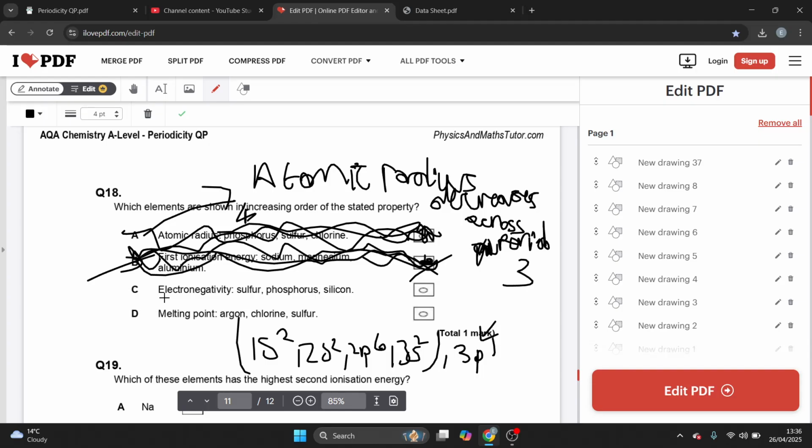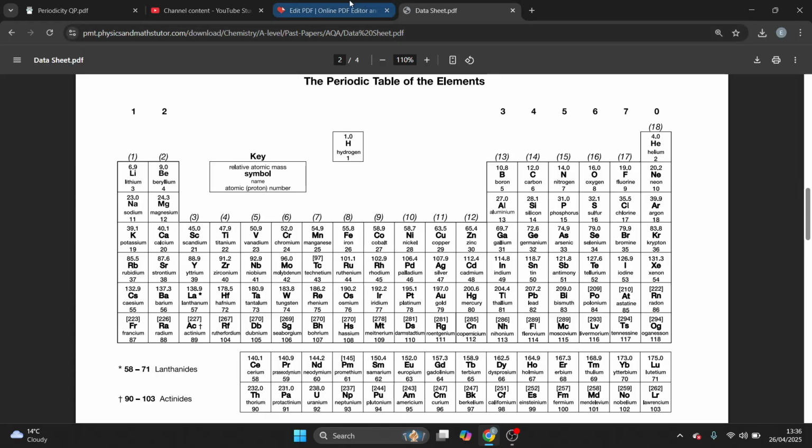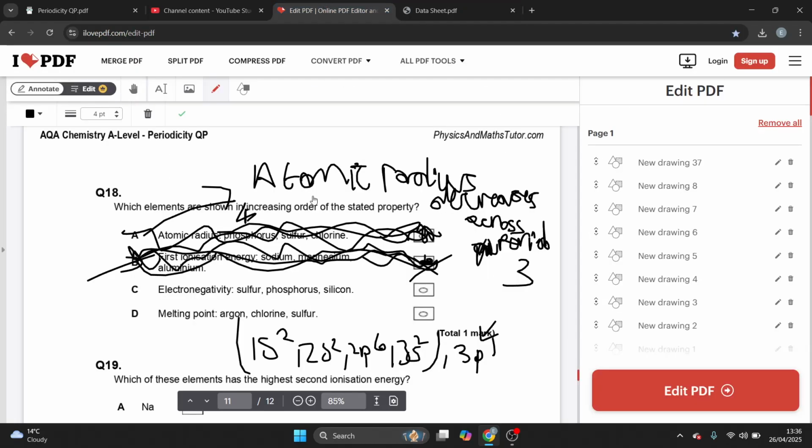So I'm left with C and D. Electronegativity, sulfur, phosphorus, silicon. So they've gone in reverse order, but I know that electronegativity increases across period 3 because the nuclear charge increases, atomic radius decreases. So the definition of electronegativity, the ability of an atom to attract a pair of electrons in covalent bonds, increases because the outer electron is closer to the nucleus, so they can be pulled in more easily.